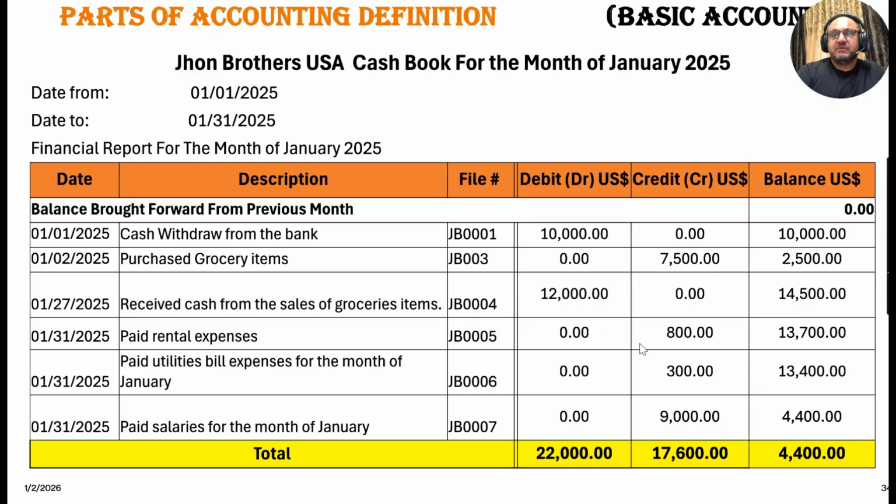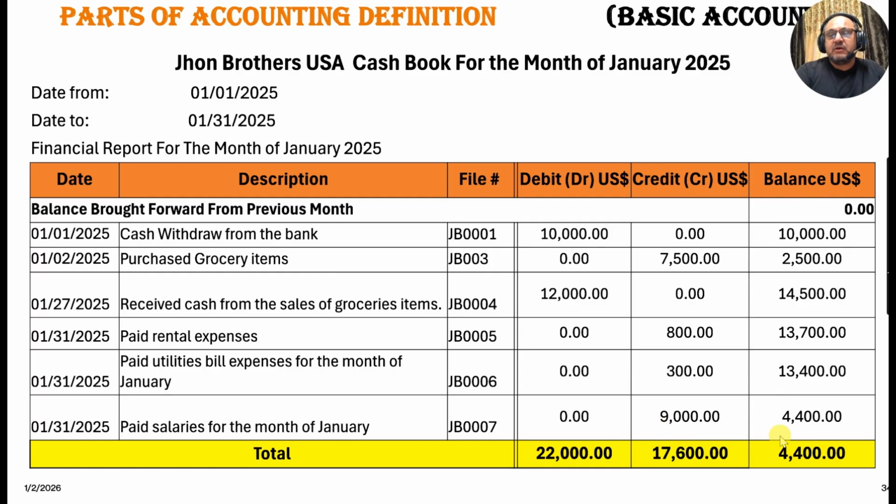The same way we paid the expenses. Sorry for this, I'm really sorry. We deducted the expenses from 14,500. As a result, 13,700. Then we again deducted the 300 from 13,700, 13,400 as a result. Then we paid 9,000 for the salaries.